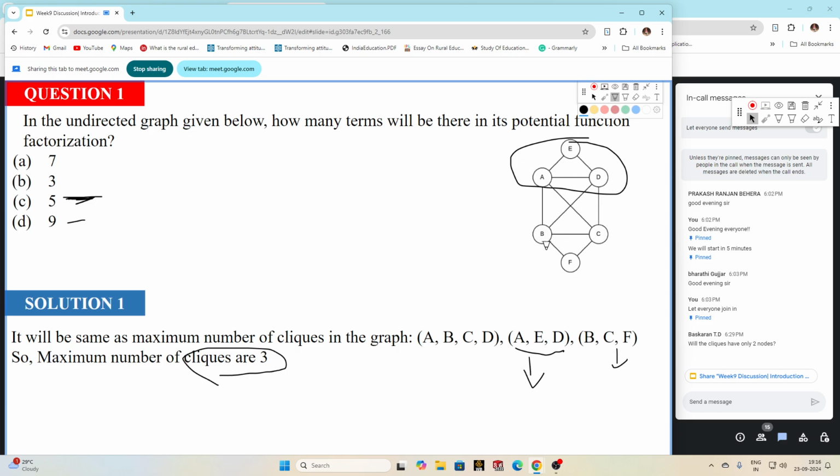AED, if I divide, then AE and ED, okay, and then BF and CF, right, and then ABCD. So that is five. But which is preferable, sir? 5 or 3? See, whenever you are doing calculation, 5 is more preferable, because of factorization, that is the concept of factorization, right?